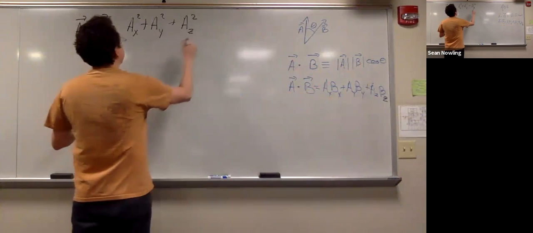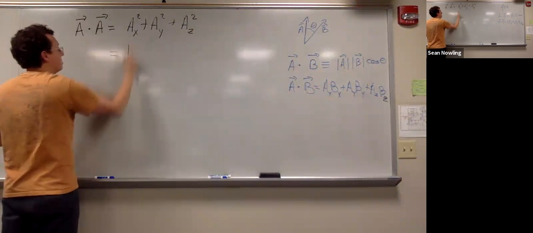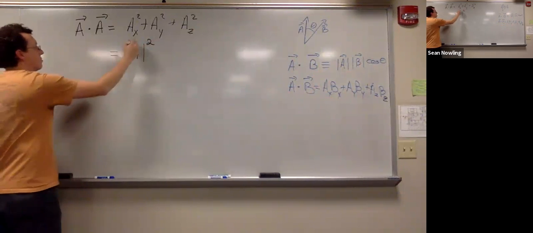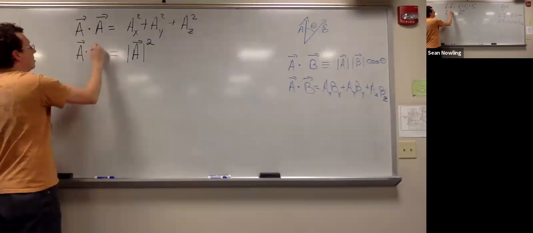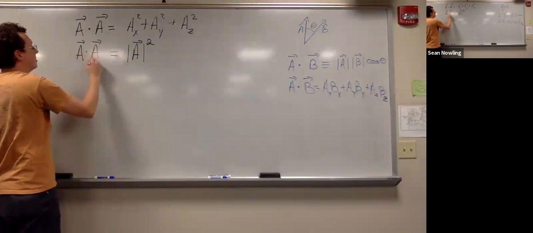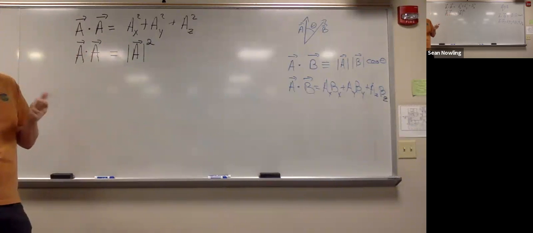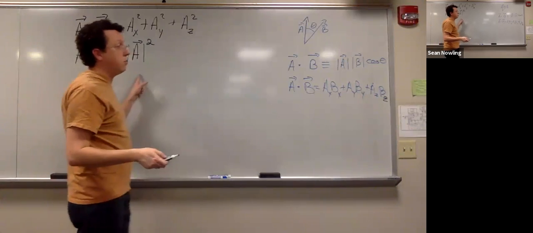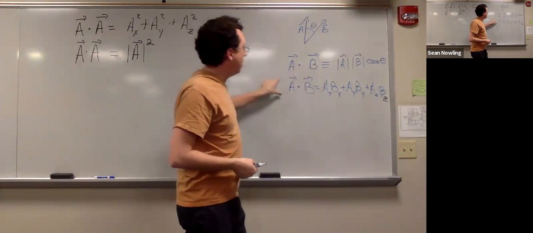In fact, the dot product of a vector with itself is the magnitude of that vector squared. Okay, that's interesting, or it's convenient. It means that, again, in that bizarro world where you didn't know about all the stuff you know, you could start with this definition.